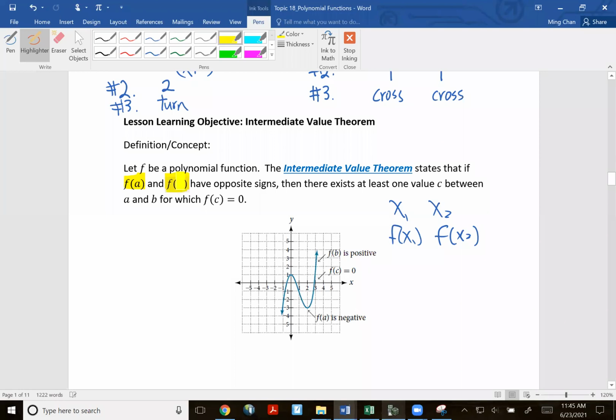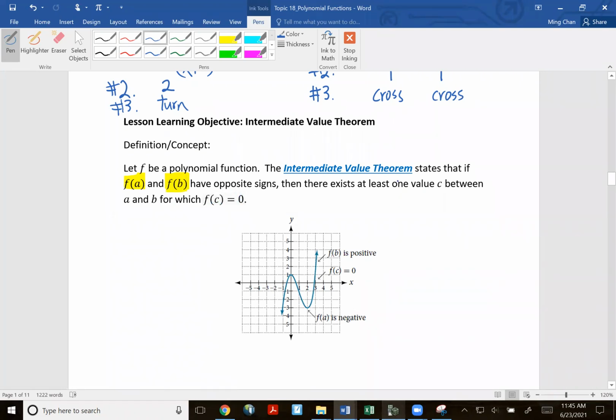If I take another x value, put it into my function, what comes out is another y value. If those two y values have opposite signs, then there must exist at least one value of c between a and b, for which f of c is equal to 0.